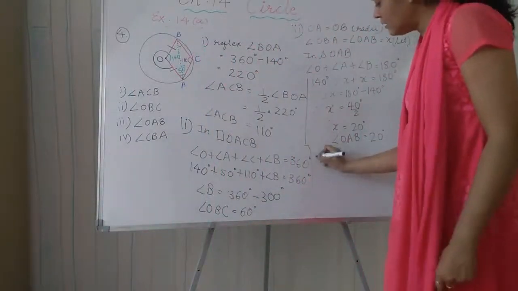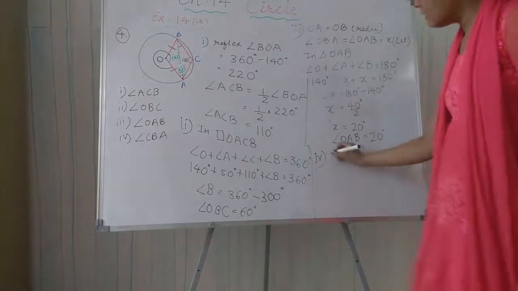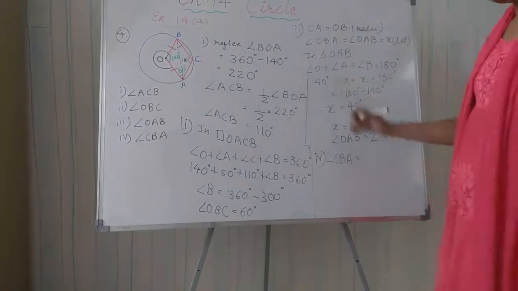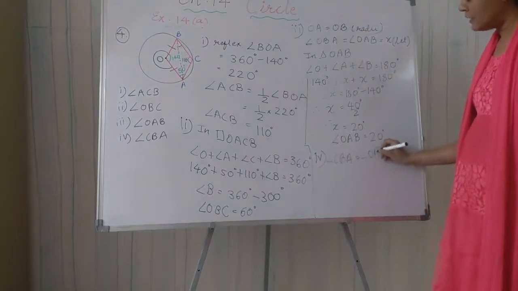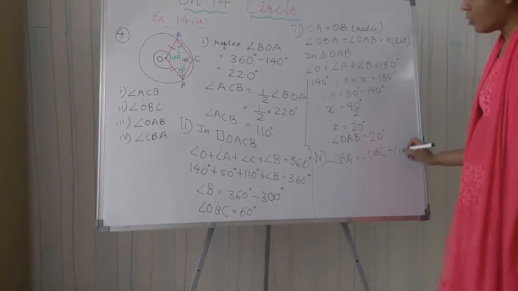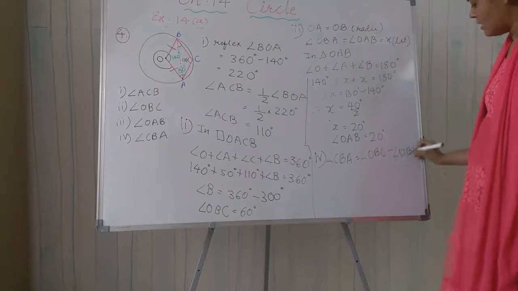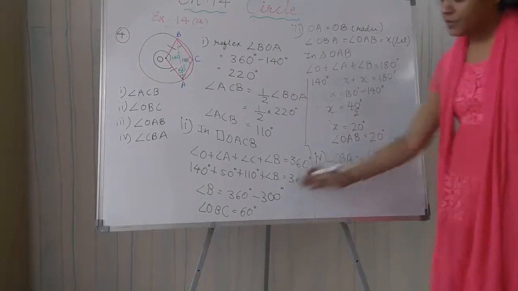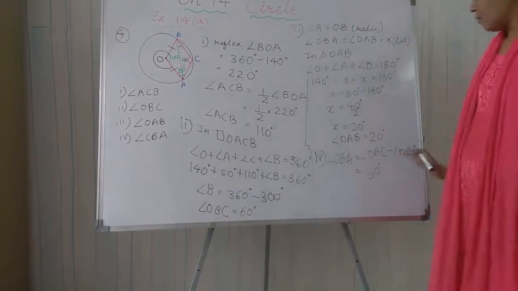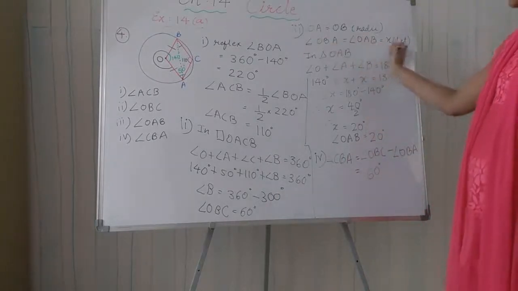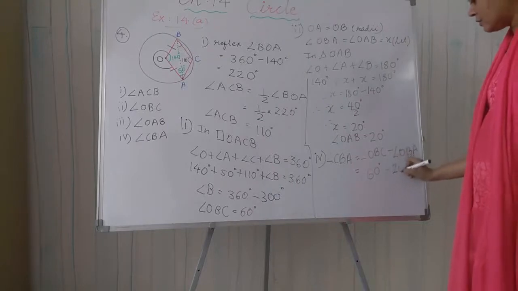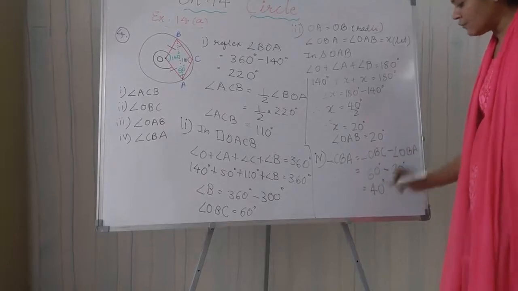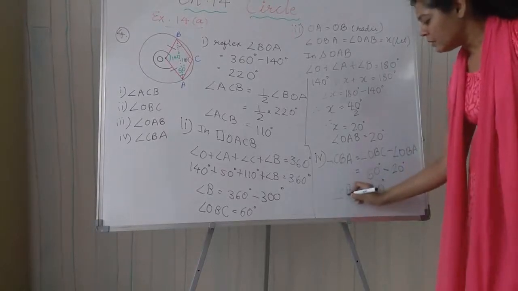I am writing here: fourth angle, angle CBA is equal to the whole angle OBC minus angle OBA, which is 60 minus 20. By subtraction we get 40 degrees as our fourth angle, angle CBA.